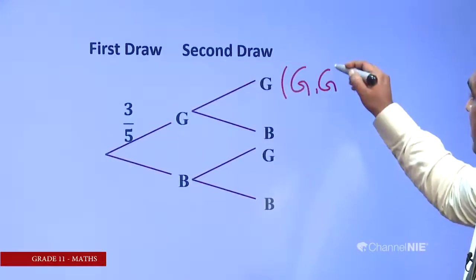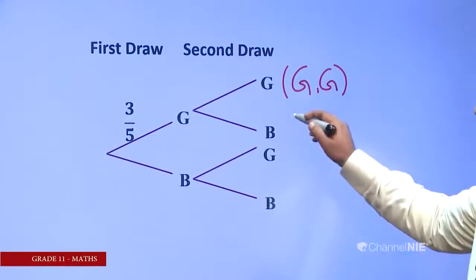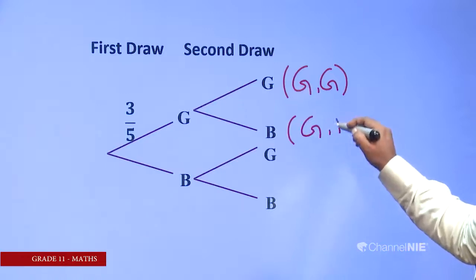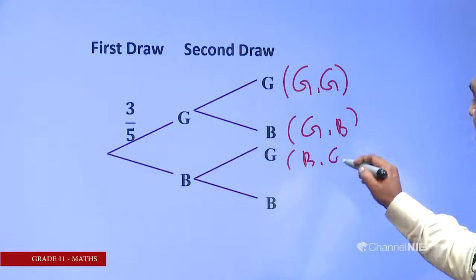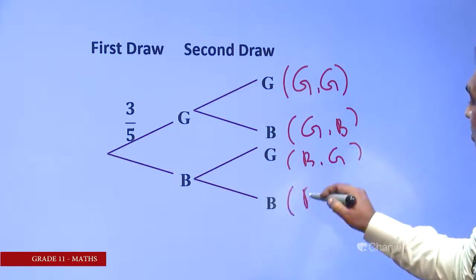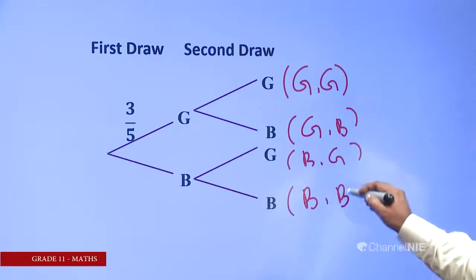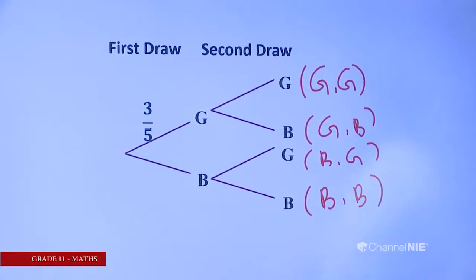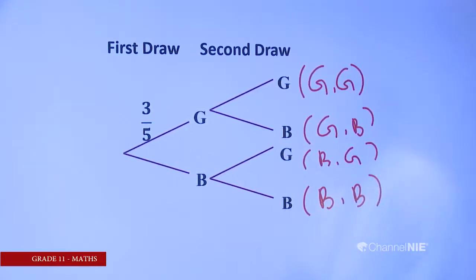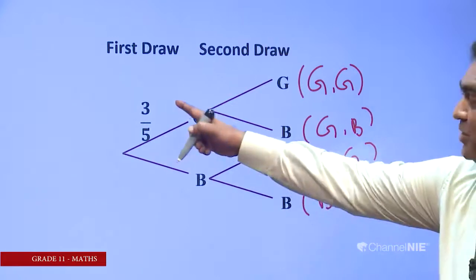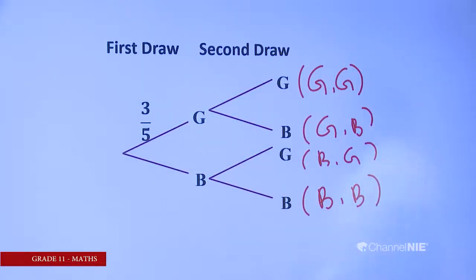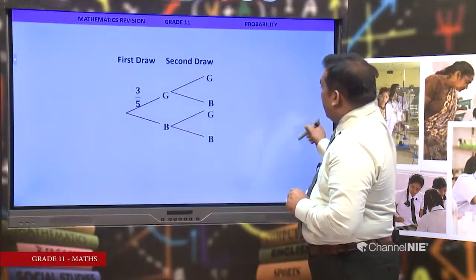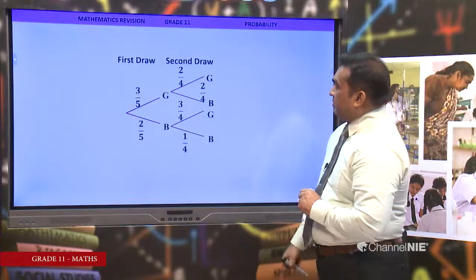G, G. Here G, B. Here B, G. Here you have B, B. Sample space. Then you can write the corresponding probabilities. Multiply 3 over 5 by this probability, then you have the probability of this event. We will see it.